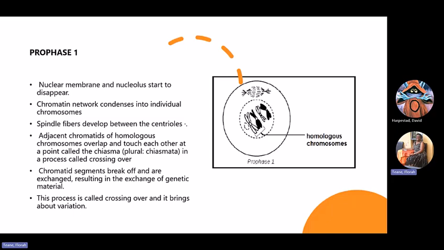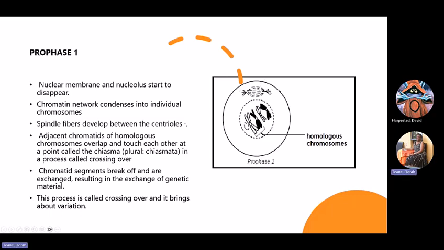Even if you have chromosomes or genes of your father, you may not be like him, or of your mother, and you may not be like her. But you have those genes of both parents. So a pair of chromosomes emerges, and as indicated, the nuclear membrane and the nucleolus start disappearing.